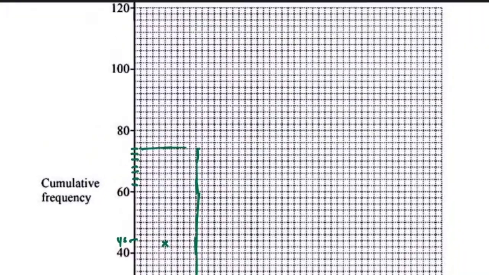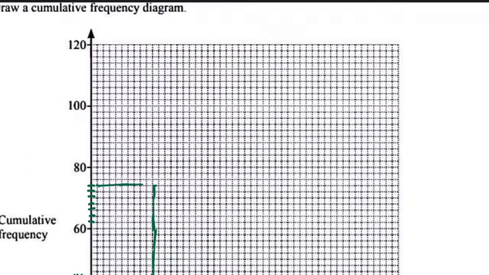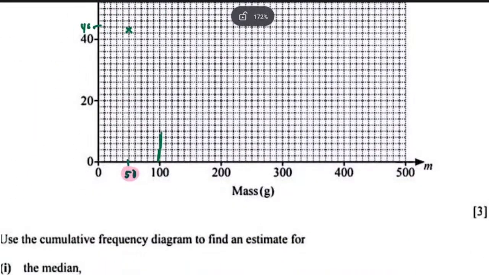And this one is at 100, and the place where 100 meets 74. You make them meet, and then you find it's here. Then we can remove the markings, because there's a curve.